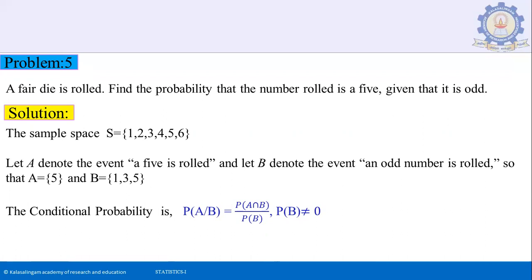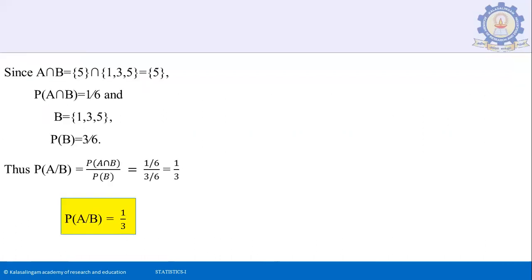So the conditional probability A given B is equal to P of A intersection B divided by P of B. Here A intersection B is singleton 5 intersection the set {1, 3, 5}. So it is noted that it is equal to singleton 5.